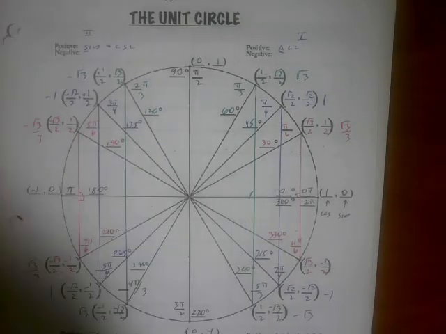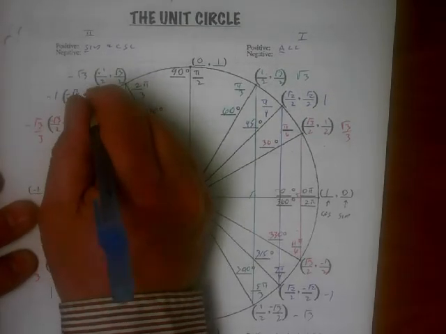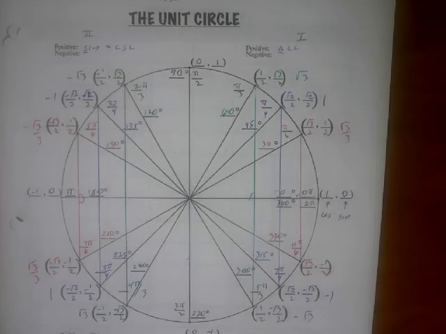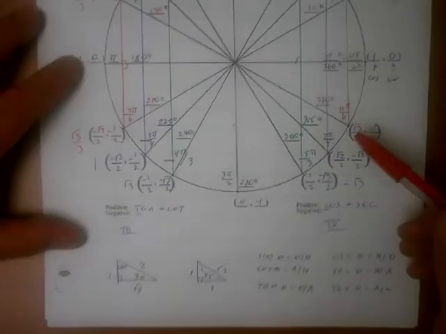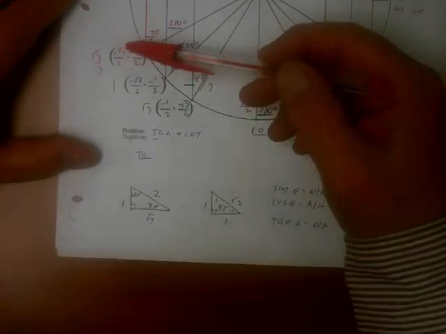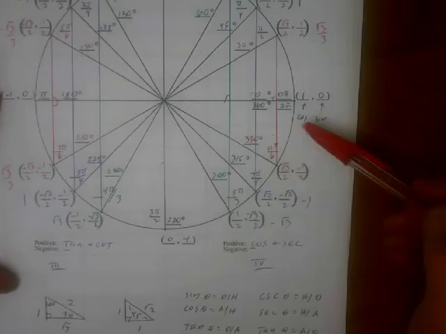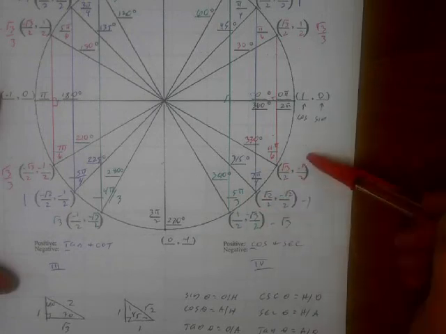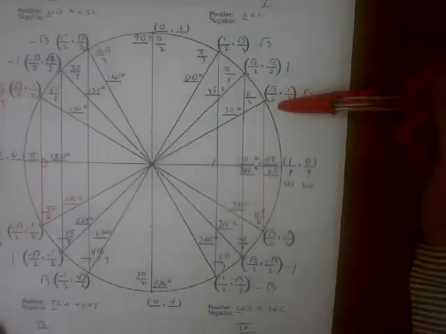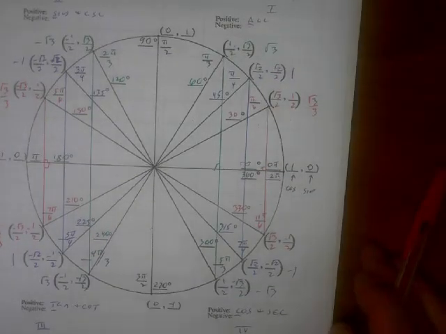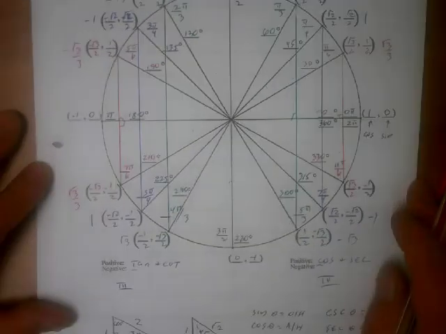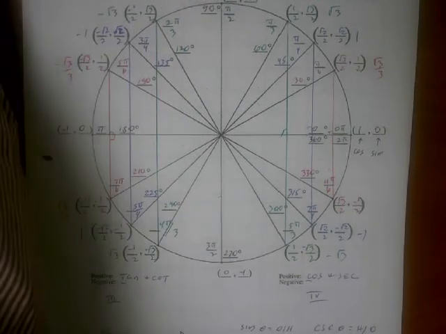That's root 2 right there. 3, 2, 1, 3, 2, 1. That's the way it's always going to work. All you have to do is just count up to 3.